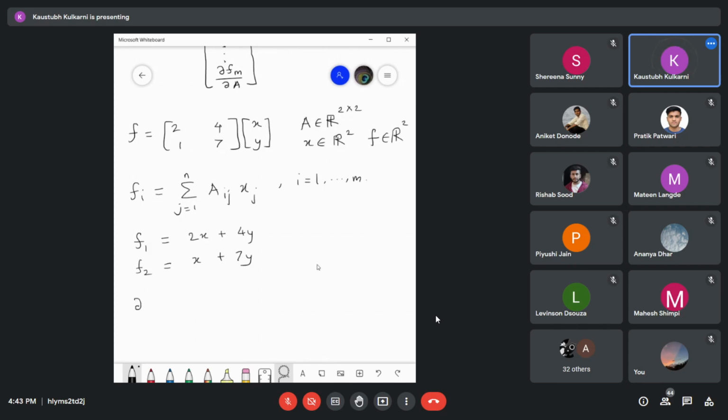Now, dou f1 by dou a1 will be x transpose, and dou f2 by dou a2 will be x transpose.